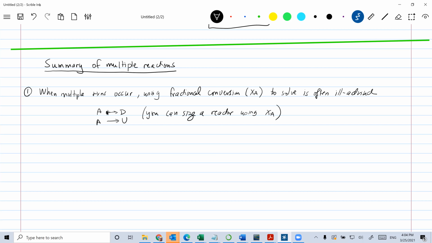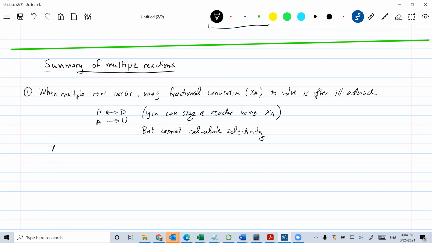You can do that. You can say for 80% conversion of A, this is what the reactor is going to look like, but you cannot calculate selectivity. So that's out of the question, right?